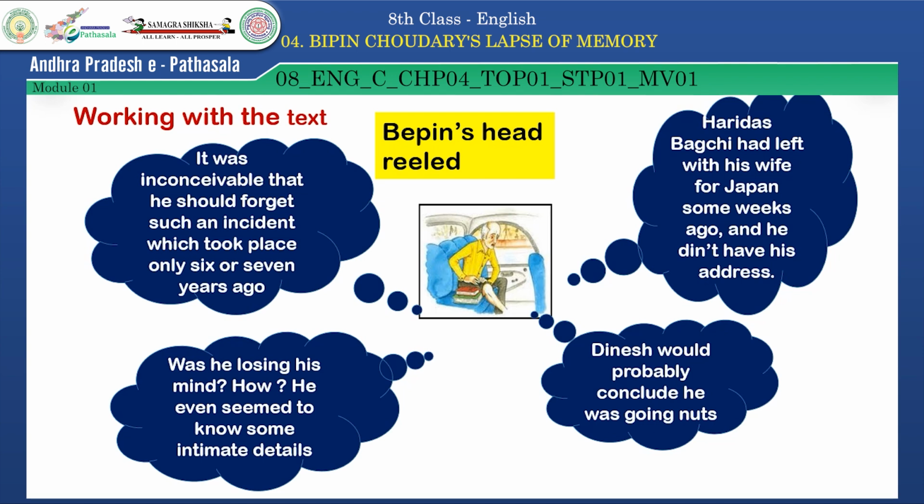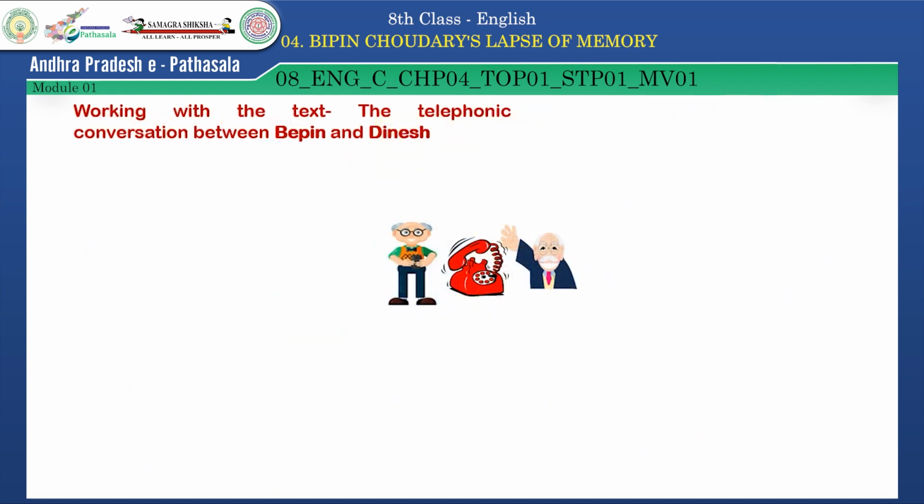And Dinesh is here, but he would probably conclude he was going nuts. Maybe he will make fun of him. That's why he is hesitating. But after a while, he decided to give a call to Dinesh.